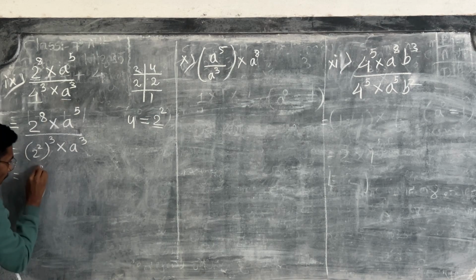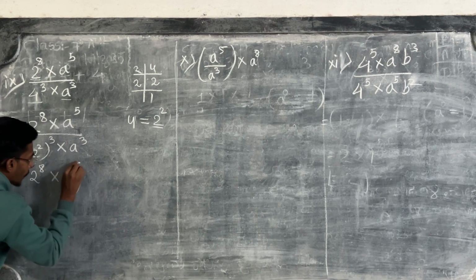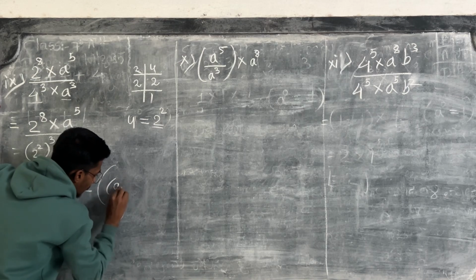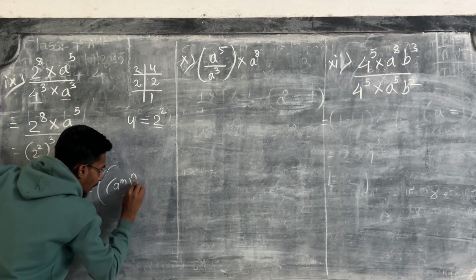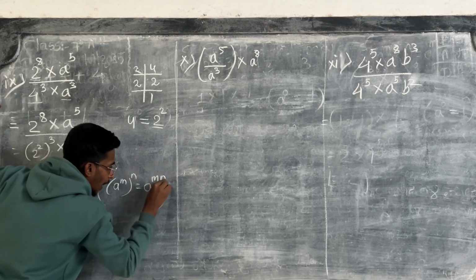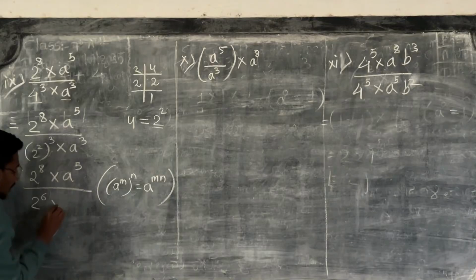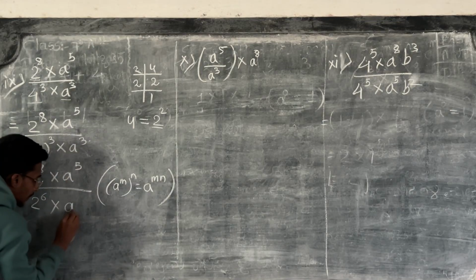Now (a to the power m) whole power n. Apply that identity here. According to that identity, (a to the power m) whole power n is equal to a to the power m into n. You have to multiply both power, that means 3 into 2, that is 6. 2 to the power 6 into a to the power 3.